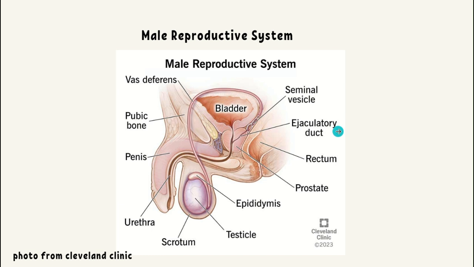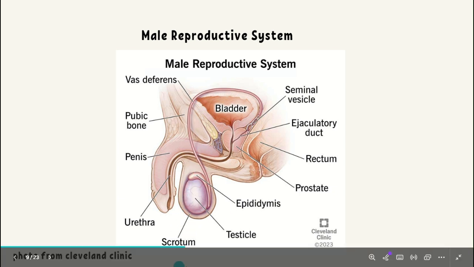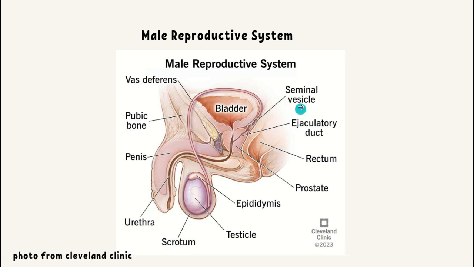So everything is working together in this reproductive system. And I would very much advise that you know at least one function for each of these, the relevant one: the vas deferens, the urethra, testicles, scrotum, epididymis, the seminal vesicles. Ensure you know the function. So the seminal vesicle makes up semen essentially.